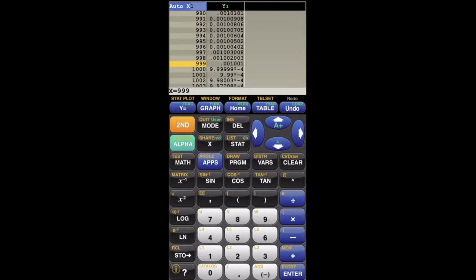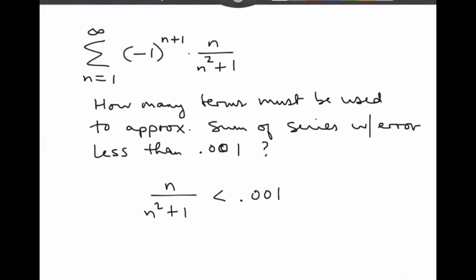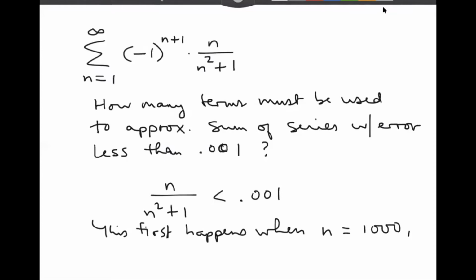So we can say that this first happens when n is 1,000.